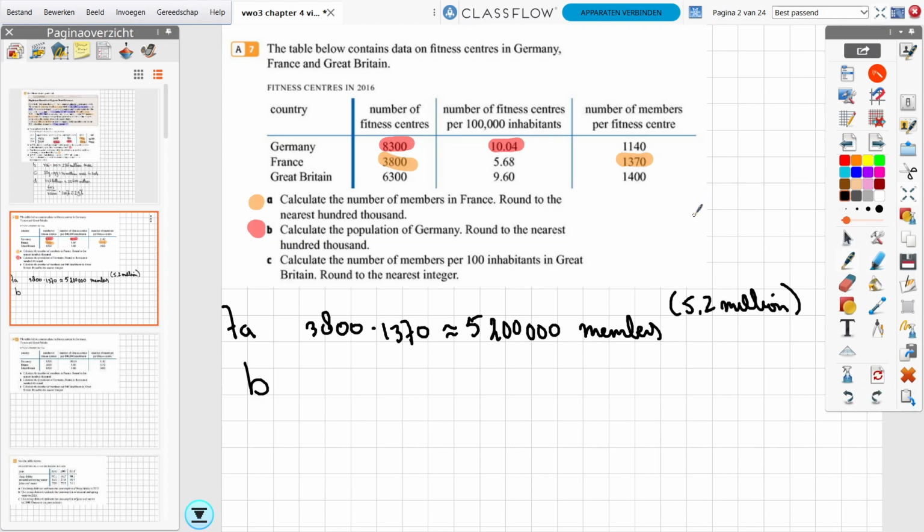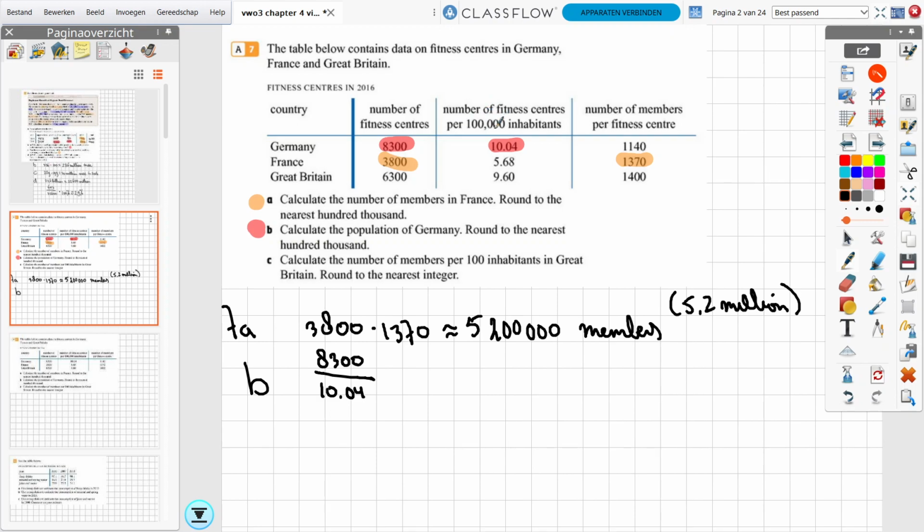What I could do is, well, if I have 8,300 fitness centers and I have 10.04 fitness centers per 100,000 inhabitants, the population would be the number of fitness centers, 8,300, divided by the number of fitness centers per 100,000 inhabitants. What I then get is the population, which is quite a few numbers off, because here the number of fitness centers is per 100,000 inhabitants.